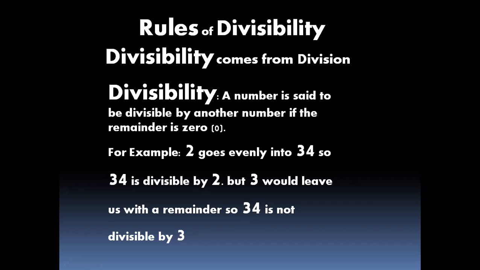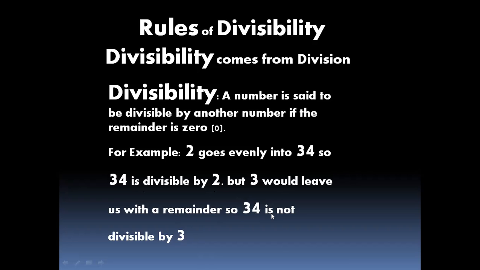Students, let us understand the same divisibility definition by this example. 2 goes evenly into 34. So 34 is divisible by 2. But 3 would leave us with a remainder.